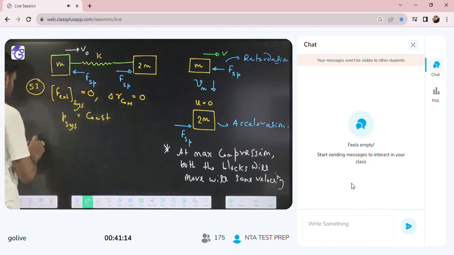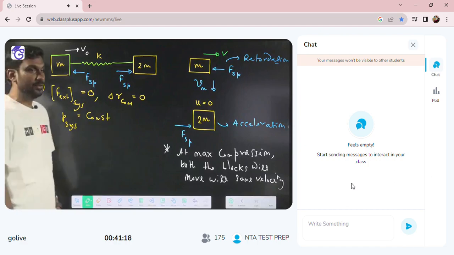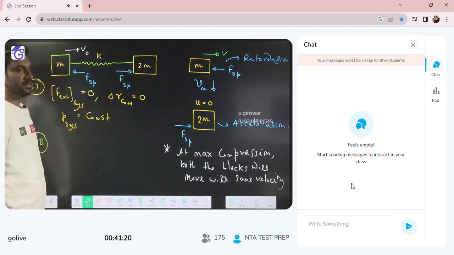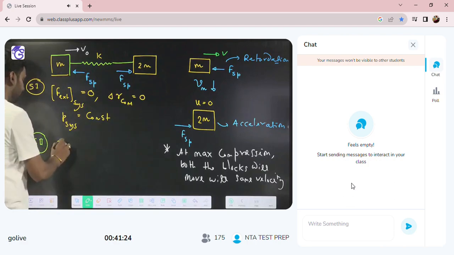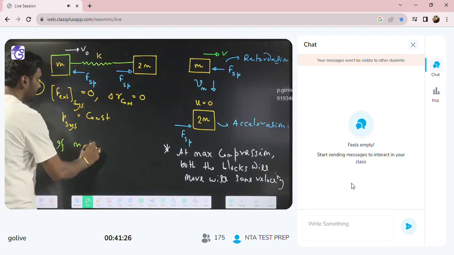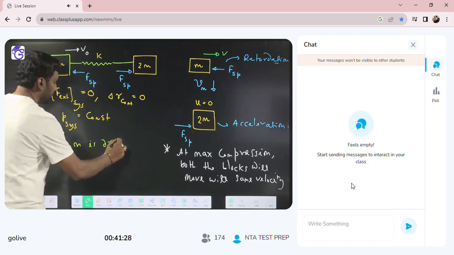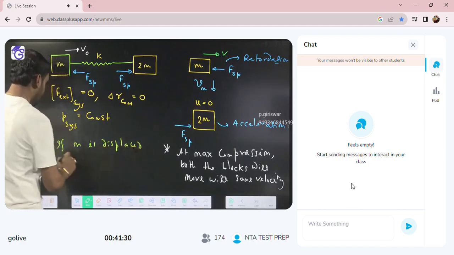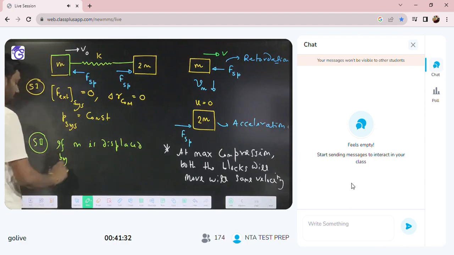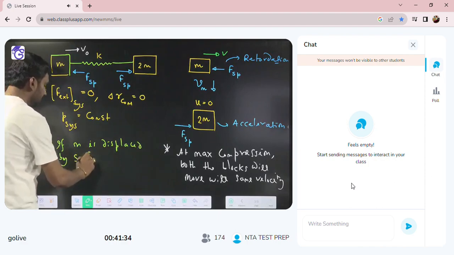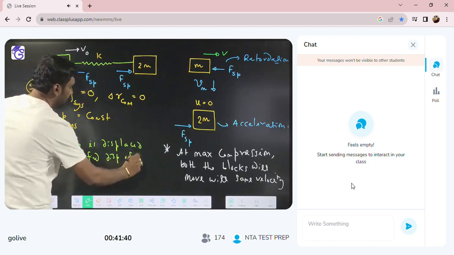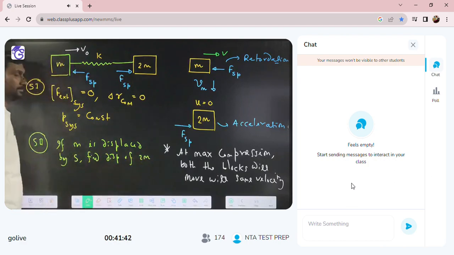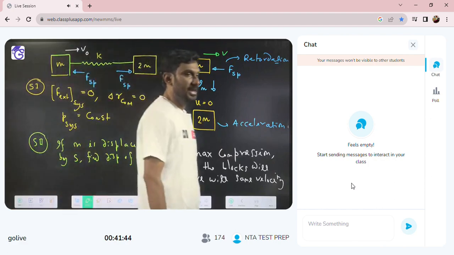Step 2. I'll take this: shift in center of mass equal to 0. What question comes? They say if m is displaced by s, find the displacement of 2m. They will ask a question like this.